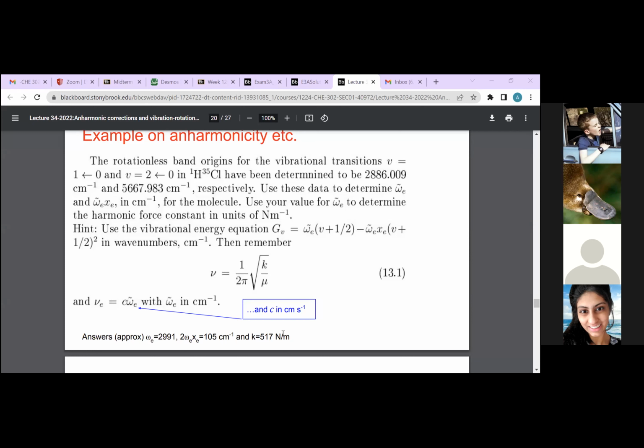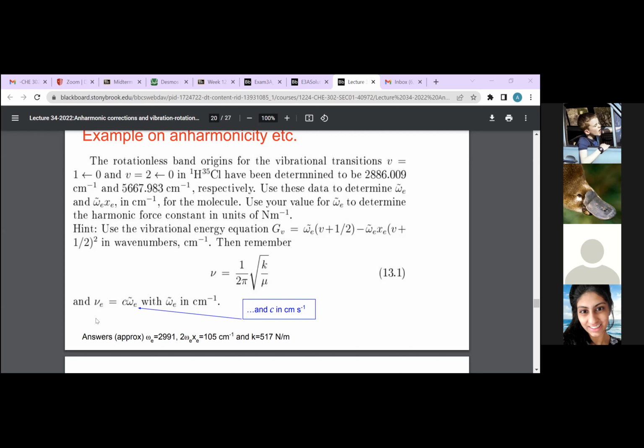Okay. Let's see, the rotation band, origin, speed, V1. Determine WE, WXC for a molecule. You still have WE, determine the harmonic. Did your friend write it down?